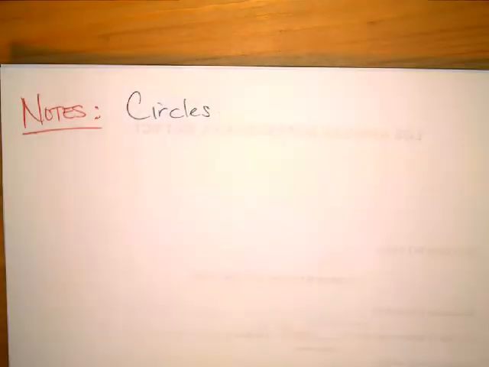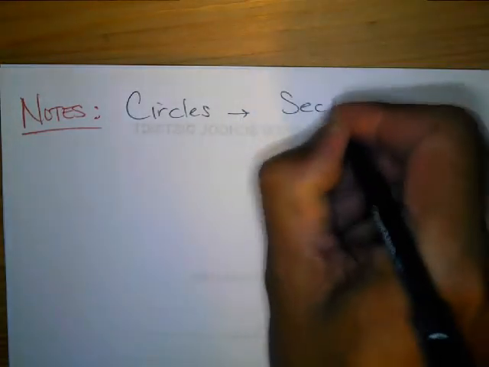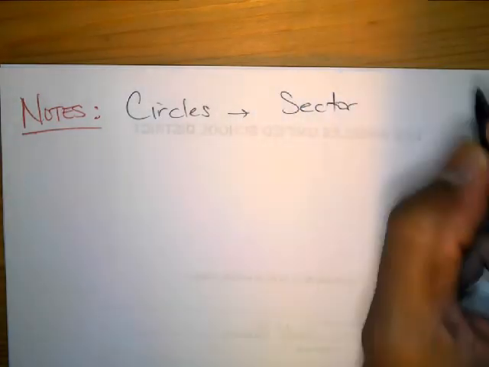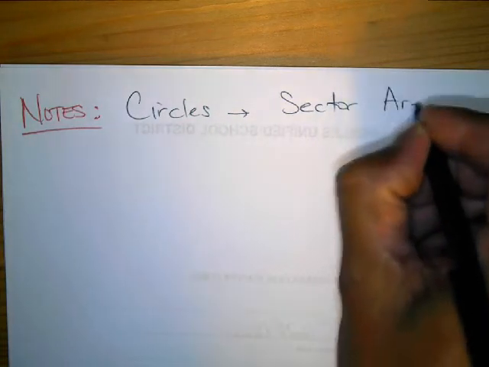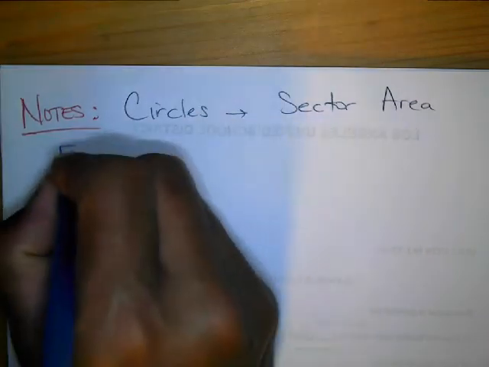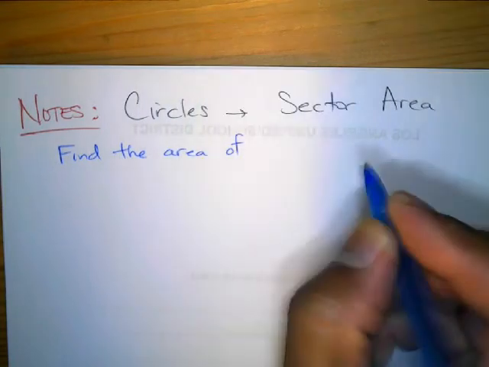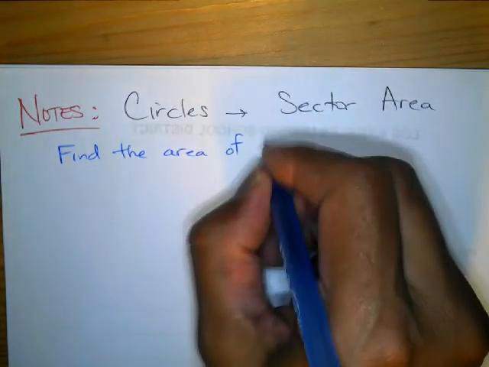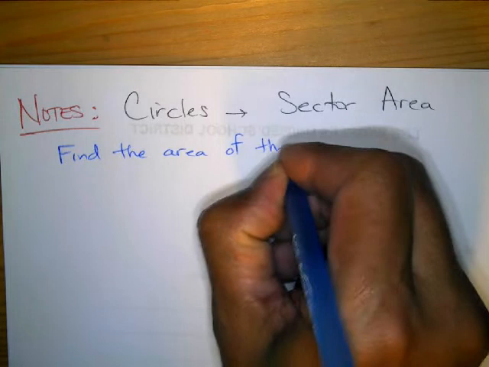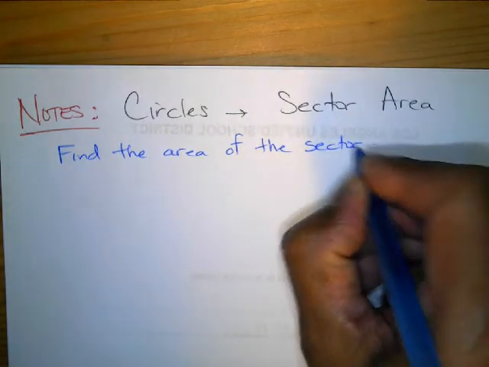And now in a circle, you're going to find the sector area. I'll talk about what a sector is in a bit. A sector area, or it'll say find the area of the sector, right?